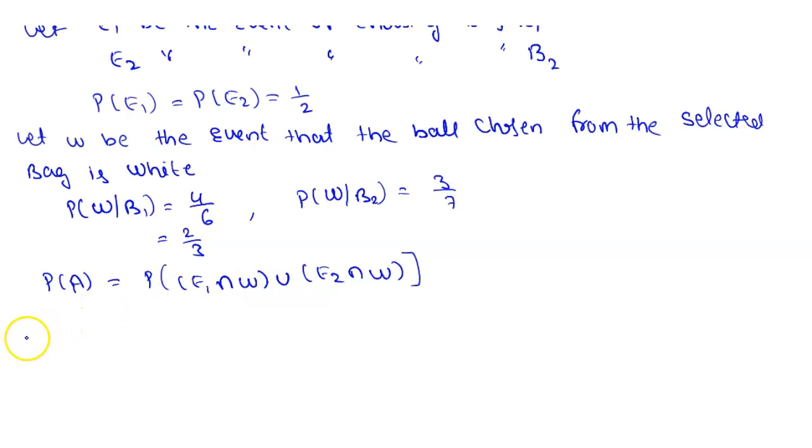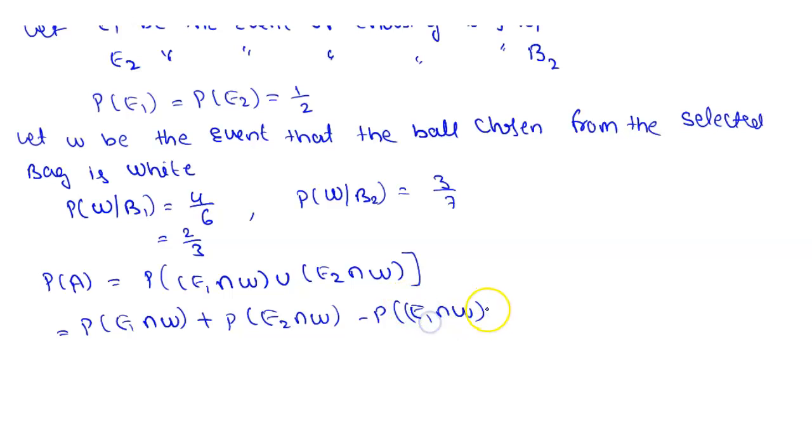So this can be written as P of E1 intersection W plus P of E2 intersection W minus P of E1 intersection W intersection E2 intersection W, right?